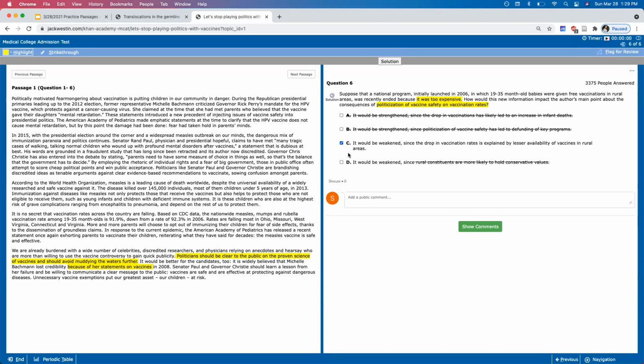Anyone have any questions? Okay, if not, I'm going to give you guys one more passage to do, and we'll go over that then. So please do this passage, and I will check in again around 10 minutes or so. Let me know once you guys have gotten it, and I'll start the timer.